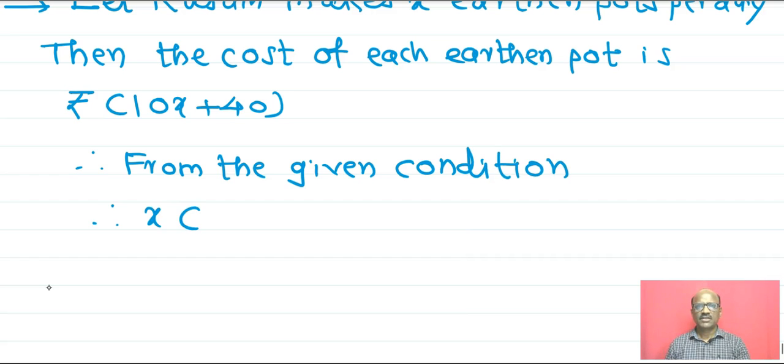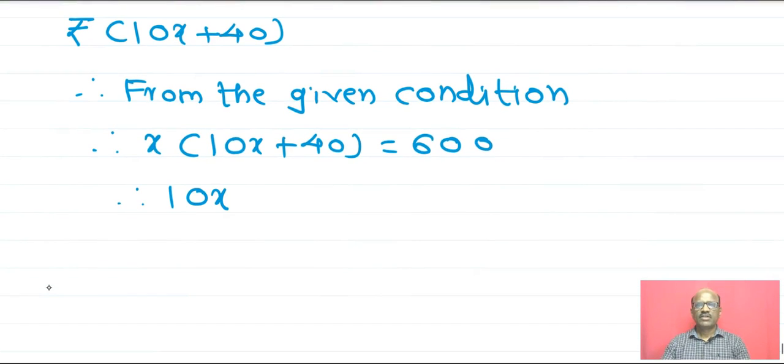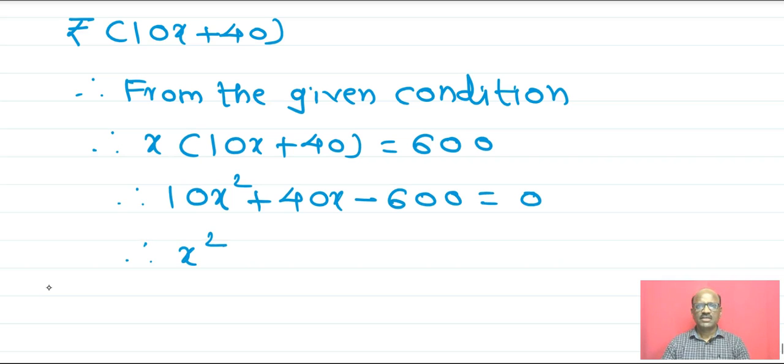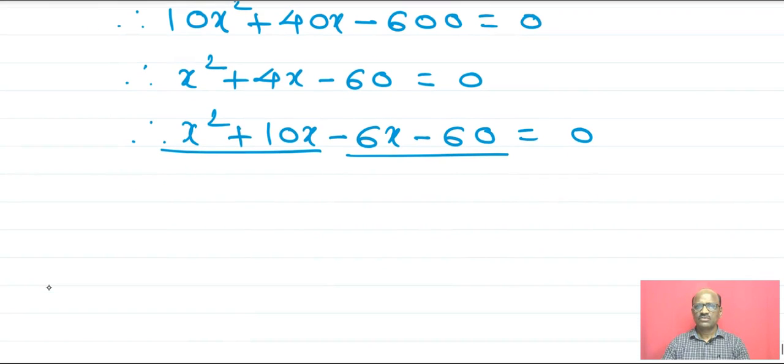Therefore, from the given condition, x in bracket 10x plus 40 is equal to 600. The number he made is x and the cost is 10x plus 40, so x(10x plus 40) equals 600. Simplify this equation: 10x square plus 40x. Dividing on both sides by 10, then x square plus 4x minus 60 equals 0.